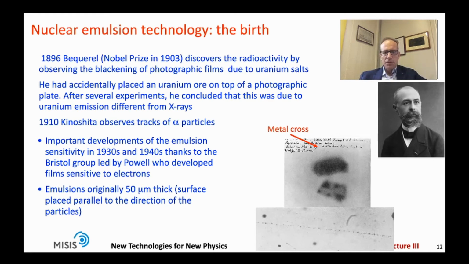He concluded that this was due to uranium emission different from X-rays. And then there's another important milestone, which is Kinoshita observing in 1910 tracks of alpha particles, not just the energy deposition, but the tracks of alpha particles.